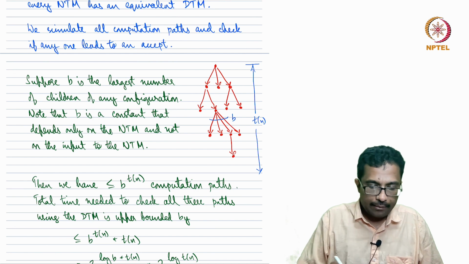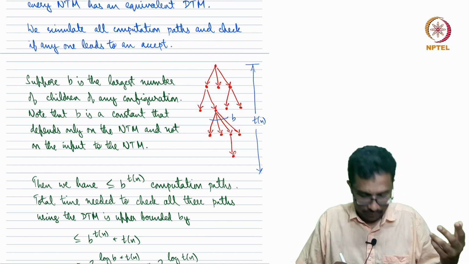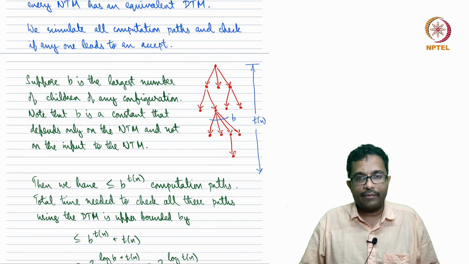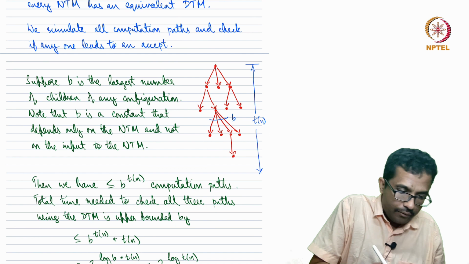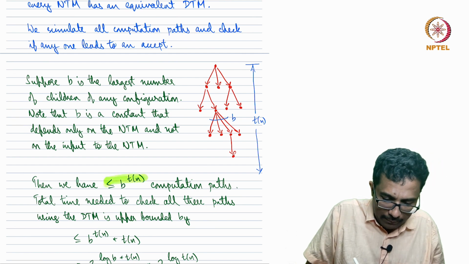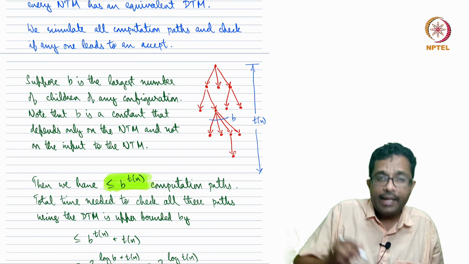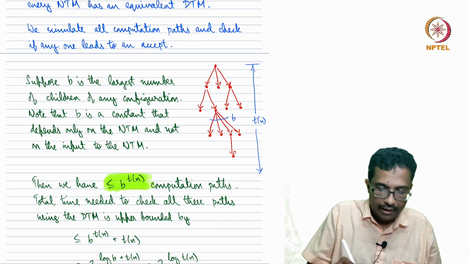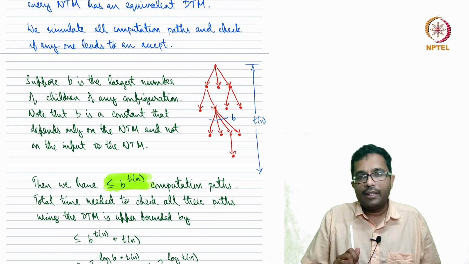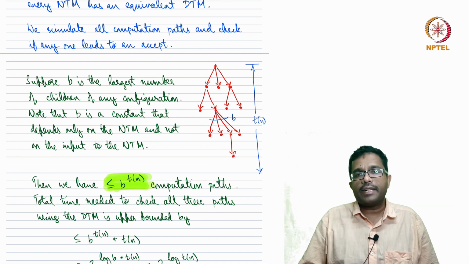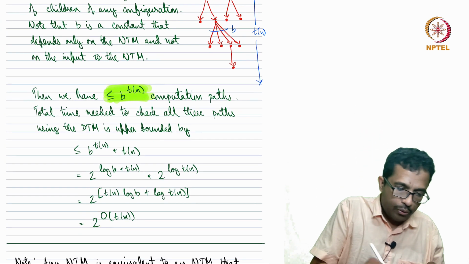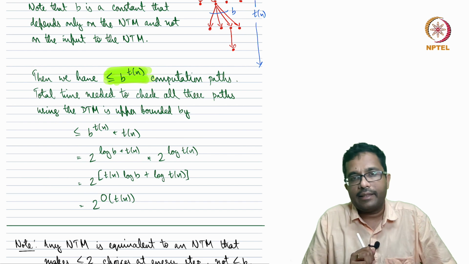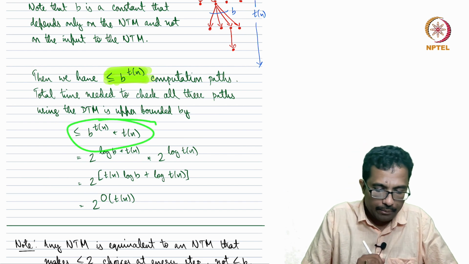Finally at level t(n) we have b to the power t(n) possible leaves. Each computation path is of length at most t(n). So to go through and check all these paths, we need to spend b to the power t(n) multiplied by t(n) time.